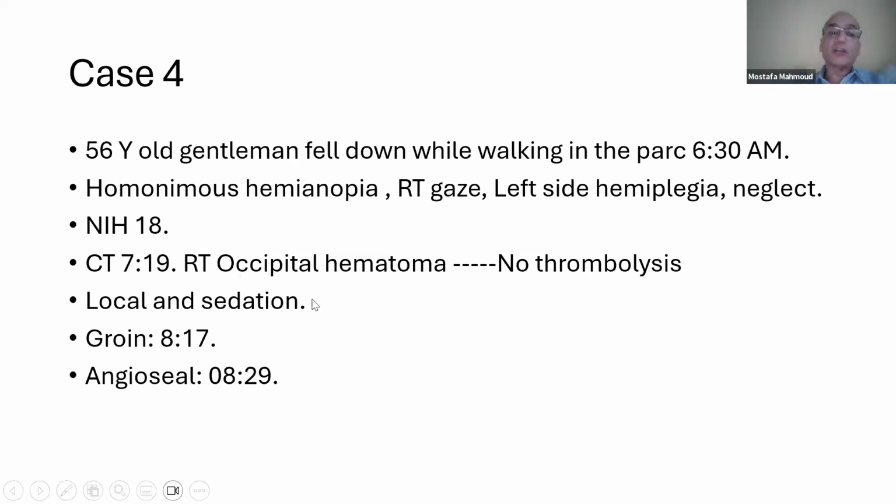He fell at 6:30, groin puncture at 8:17, angioseal at 8:29. Angioseal means that we ended the procedure. The procedure was finished by 8:29, a 12 minute procedure.